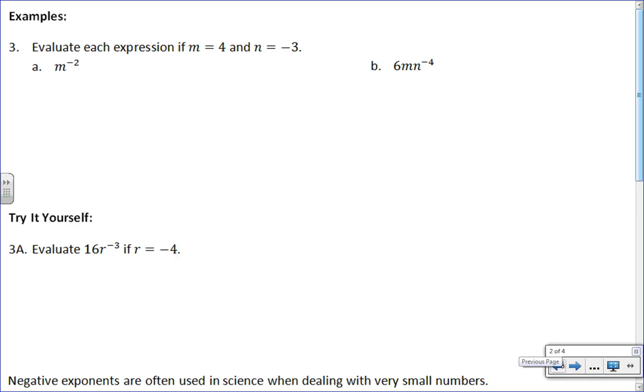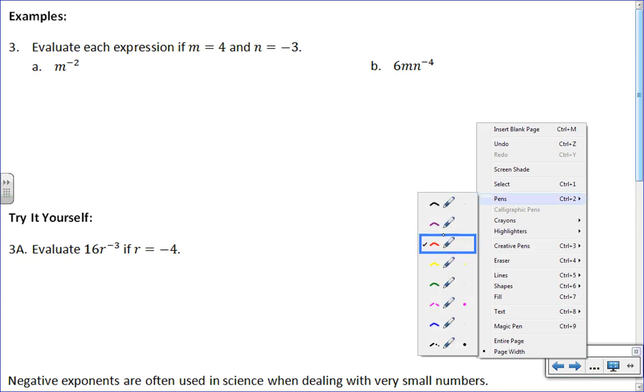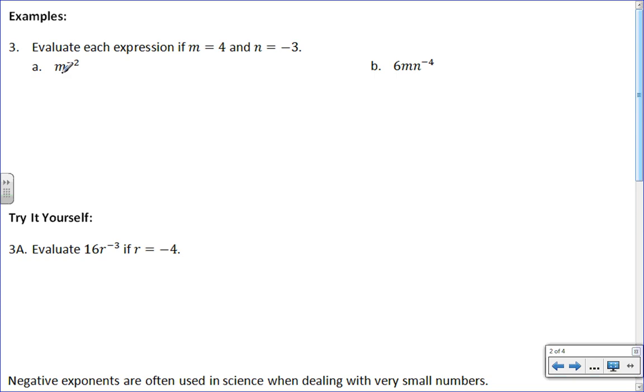Evaluate each expression if m equals 4 and n equals negative 3. Alright, so we've done stuff kind of like this before, but now we're going to have some things with negative exponents involved. Same thing though, we'll go ahead and substitute the values that we have. So, m is 4, so this is 4 to the negative 2. Well, we know from our definition of negative exponents that I can first rewrite this as 1 over 4 squared.